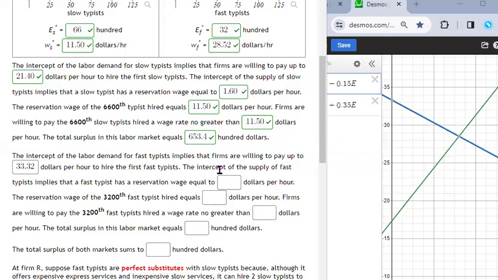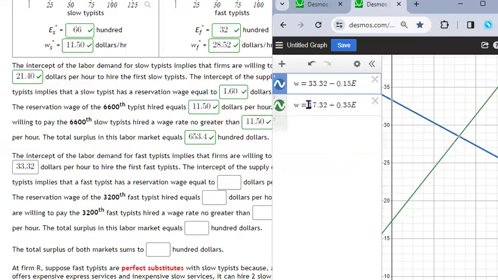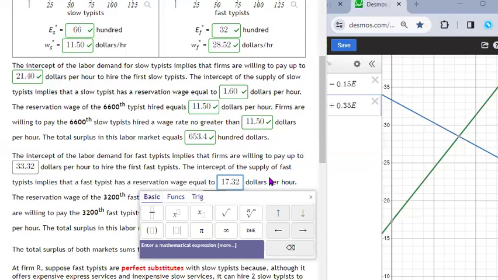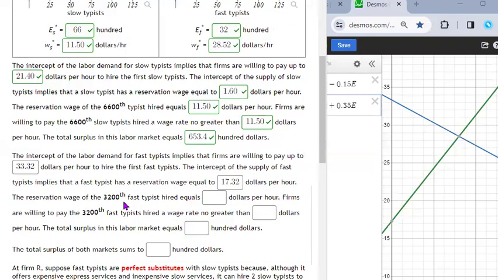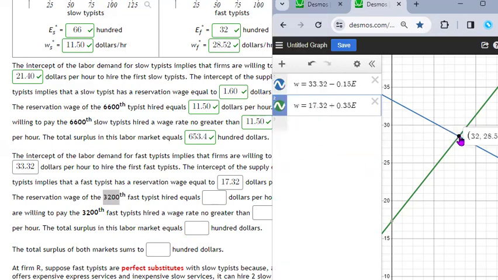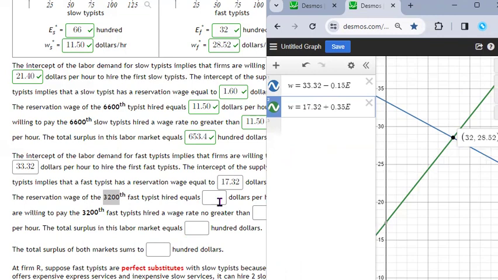The intercept of the supply of fast typists implies that there is at least one fast typist who has a reservation wage of $17.32 per hour. The reservation wage of the last typist hired, in this case the 3,200th fast typist, the value on the labor supply curve is 28.52.